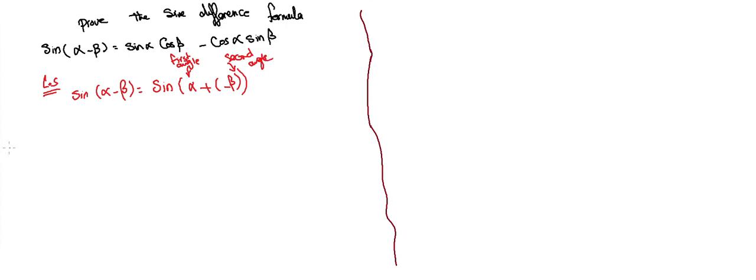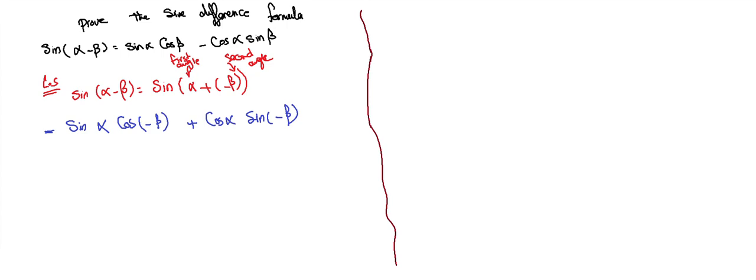So the rule says what? Already we applied it. The rule says sine first, which is sine alpha, cosine second, which is negative beta. This is sine, so between them I have plus. Plus cosine alpha, sine negative beta.